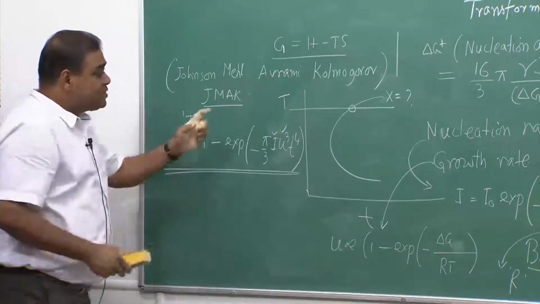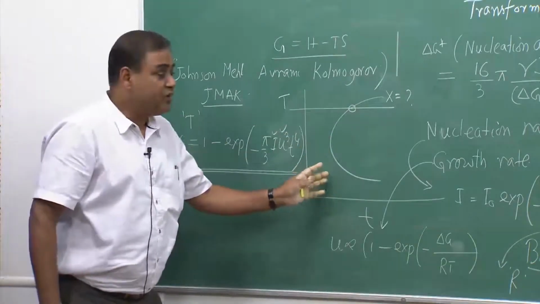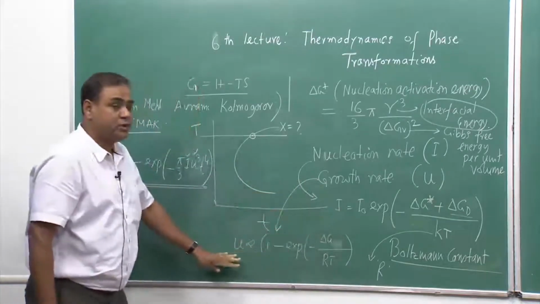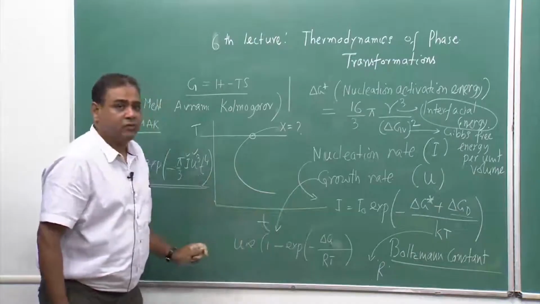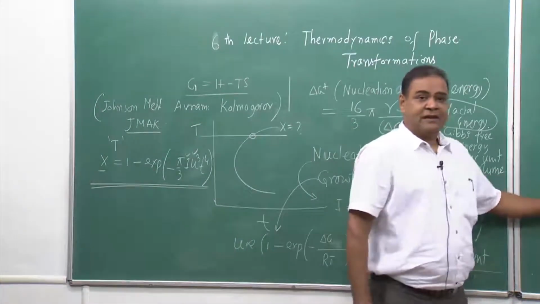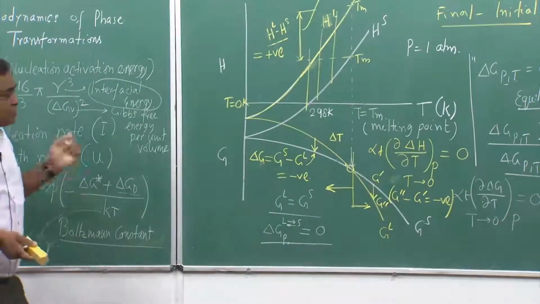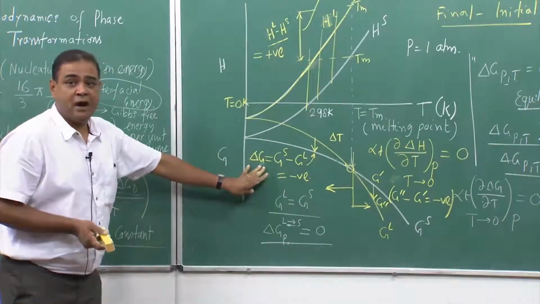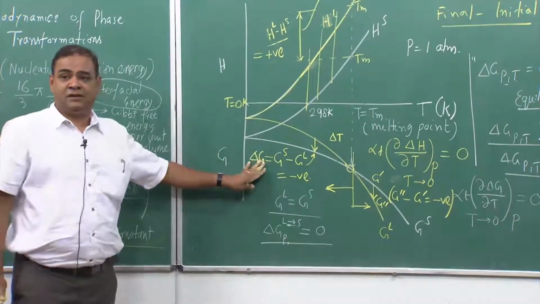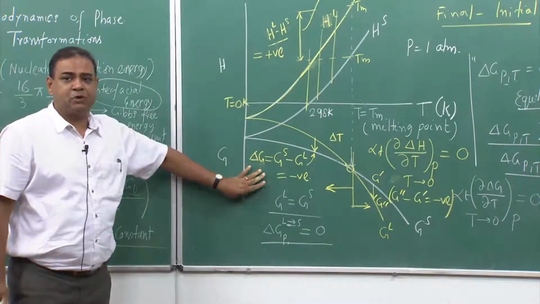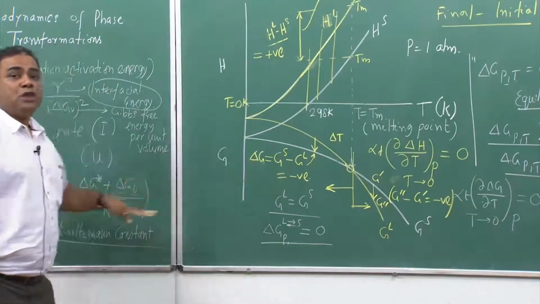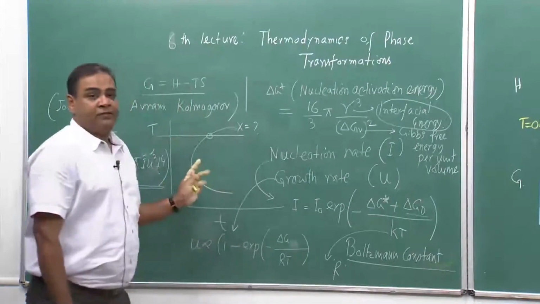That means, in order to find this, we need to know I and u, and in order to know I and u, we need to know ΔG. That is the reason why we should first see how we quantify ΔG. This is extremely important, because otherwise we will not be able to calculate this graph.